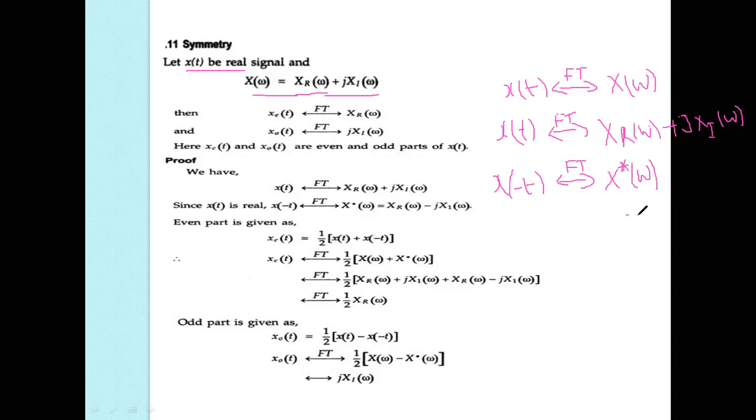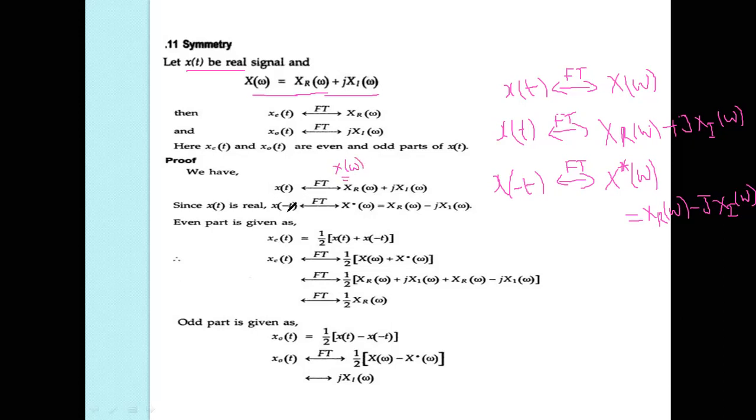What does the conjugate say? xr of omega, and the imaginary term now becomes minus j xi of omega, because it is a complex function.